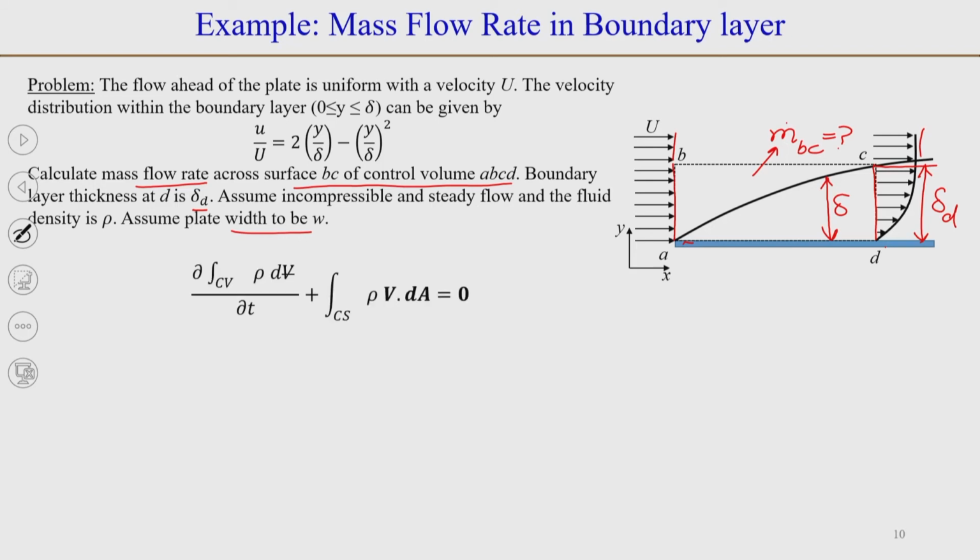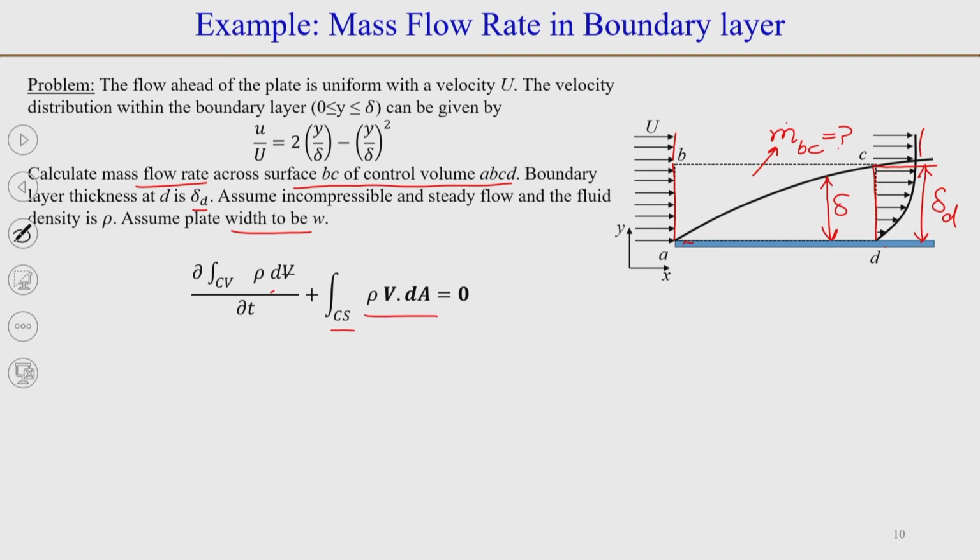Okay. So, let us apply the mass conservation equation here. We write down the mass conservation equation in the form that we have just derived. So, del by del t of the integral over the control volume rho dV plus the integral over the control surface, or the area integral, rho V dot dA is equal to 0.